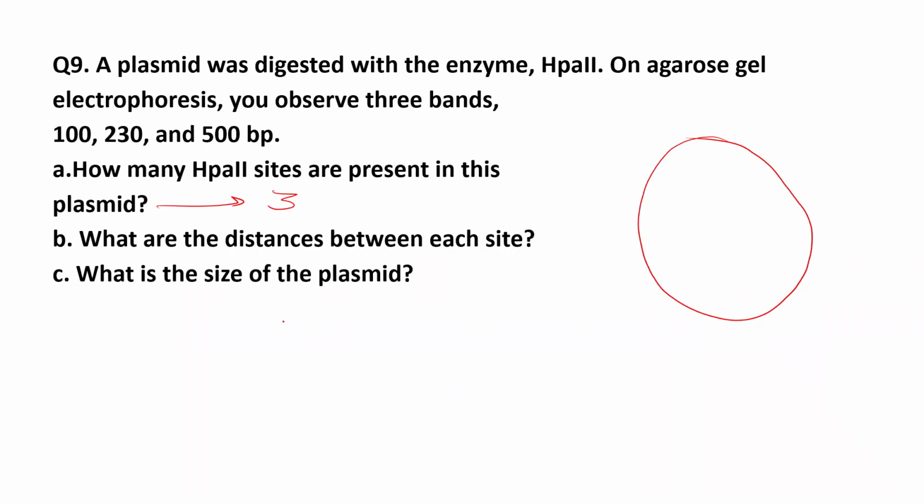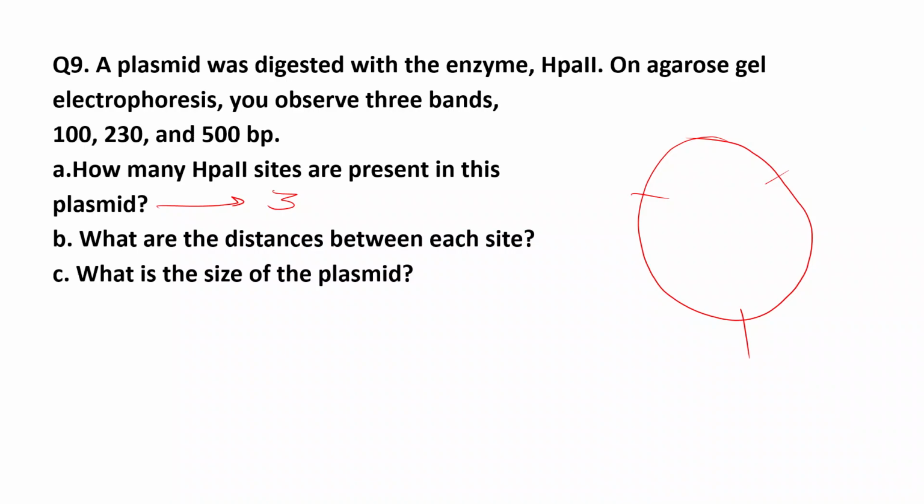Basically, if I have one cut, I will have one product, because it will elongate and become straight, and if I have two cuts, I essentially will have two pieces, and similarly, if I have three cuts, then I will have three products. So yes, three we have.